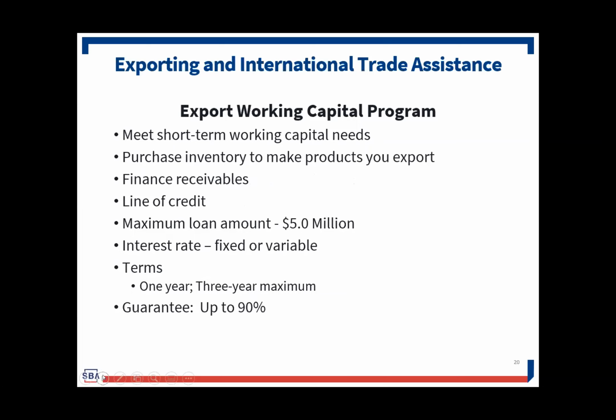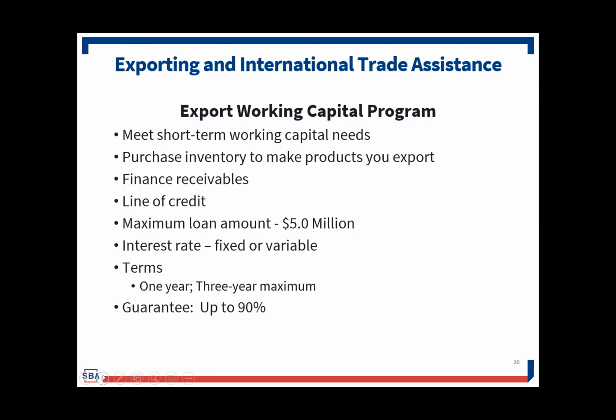For our export working capital loan program, this program is there to assist you in meeting your short-term working capital needs. So you can use it to purchase products, or to purchase the raw materials that you need to make the products that you're proposing to export. You can also use this for financing your receivables.